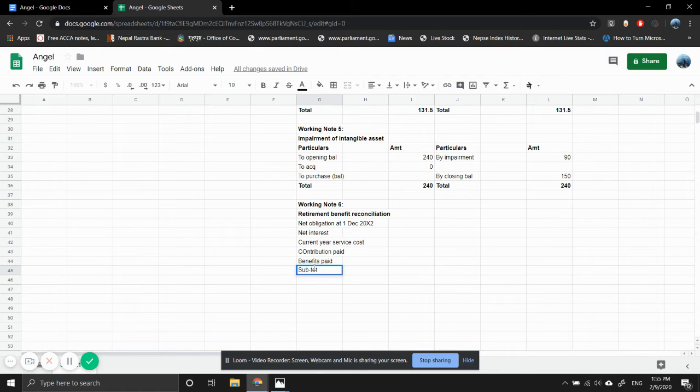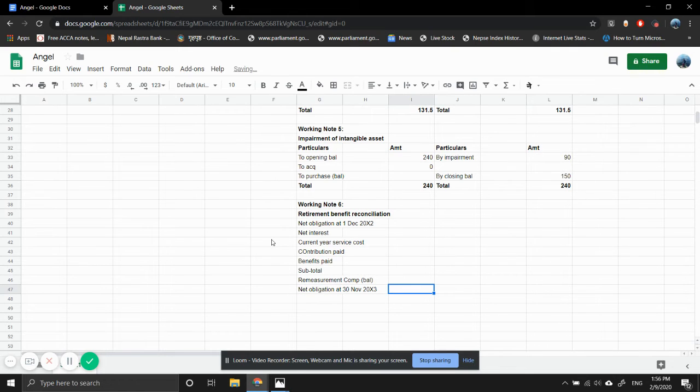you will have a subtotal over here. Subtotal, and then remeasurement component, which will be the balancing figure, right? And the total will be net obligation at 30 November 20x3, right?